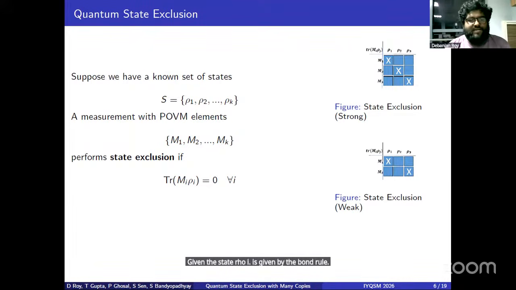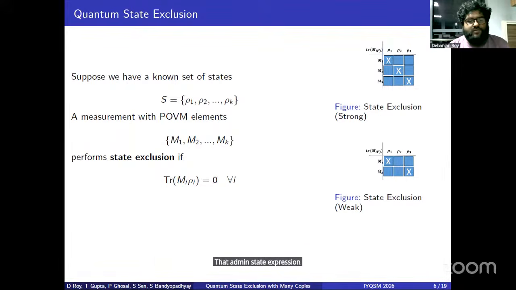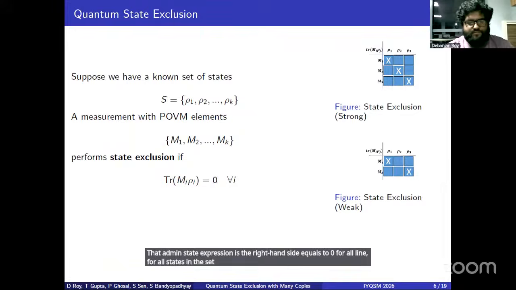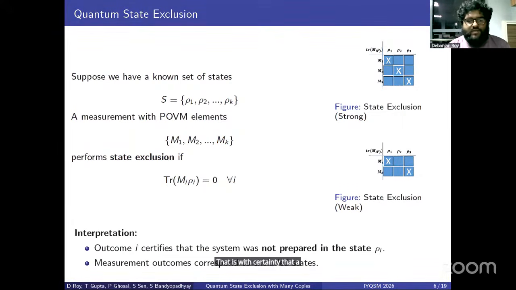The set of states admits state exclusion if there exists a POVM with elements M1, M2 up to Mk such that the right hand side equals 0 for all i, for all states in the set. And as I said, if we get the outcome i, then we can conclusively tell with certainty that rho i was not prepared.